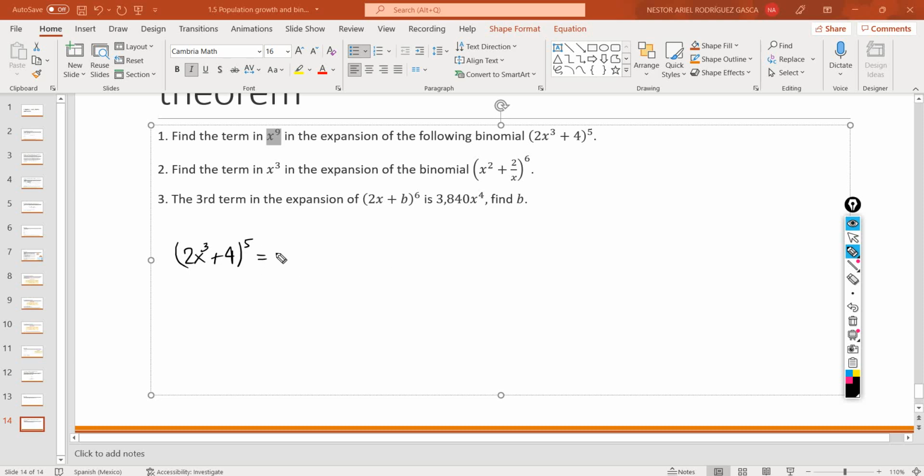And then I need to expand it. So let's begin with the formula of the binomial. That's going to be equal to 5 choose 0, then you just keep going. Remember that your n is 5, so you begin with 5 here, 0 here, and so on. So let me write down all the terms.